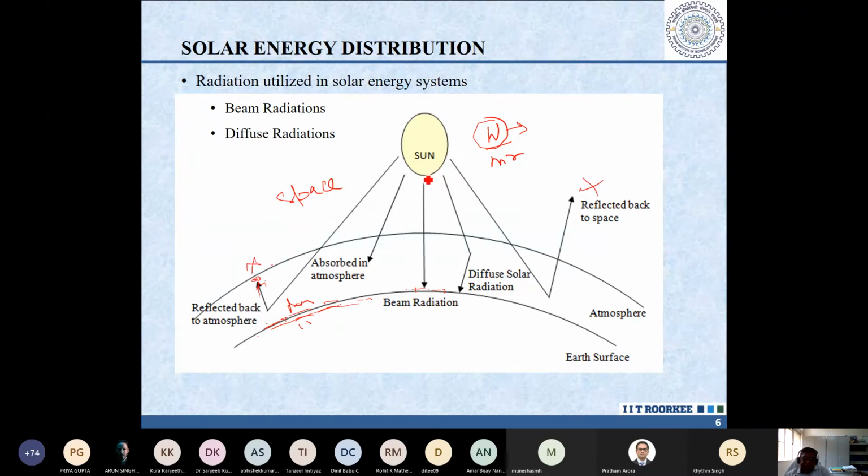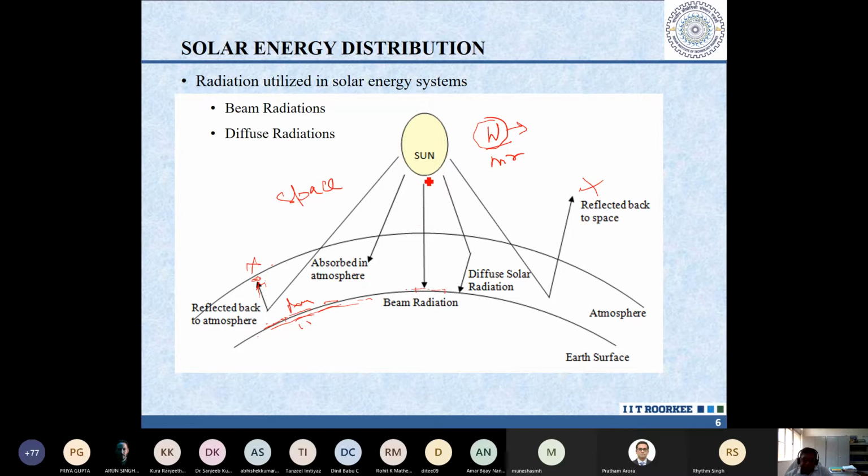Another form: if the solar radiation finds conditions in the atmosphere almost like space, with no disturbing element. Disturbing elements are dust particles, water vapors, any gas, or clouds in the atmosphere, which may disturb this incoming solar radiation.